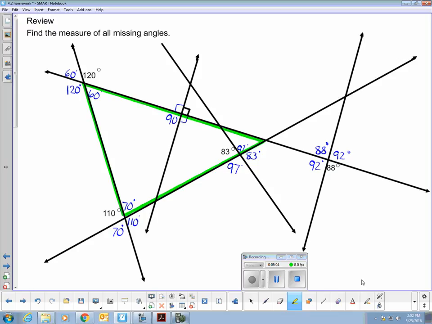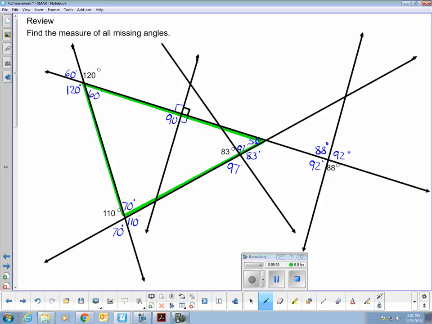In this green triangle, I know 2 of the interior angles. I know one of the angles is 60 degrees. I know one of the angles is 70 degrees. And I can find this remaining third angle by subtracting those 2 from 180. So 180 minus 130 is 50 degrees.